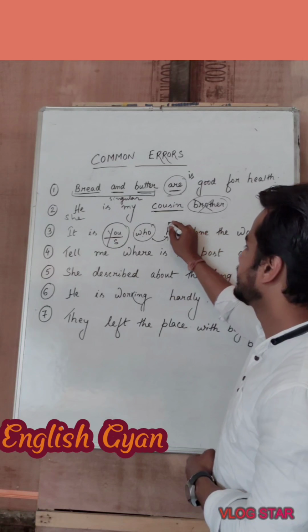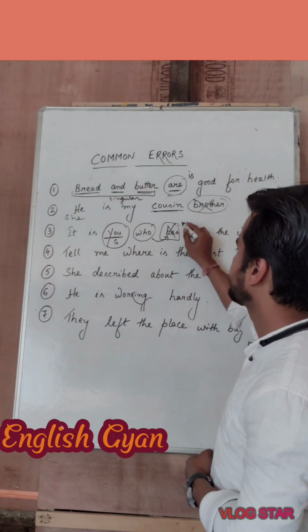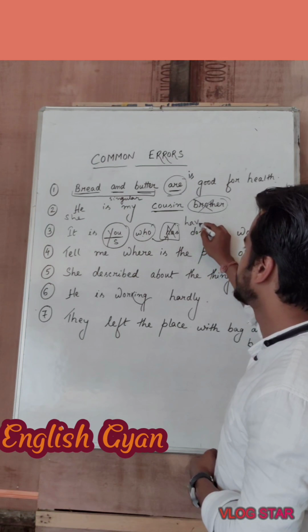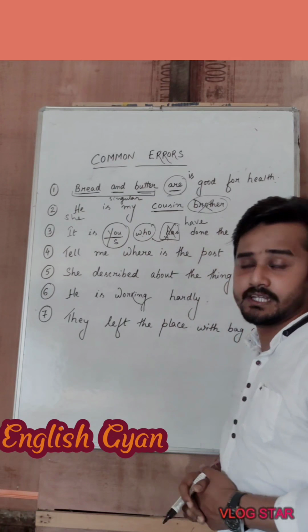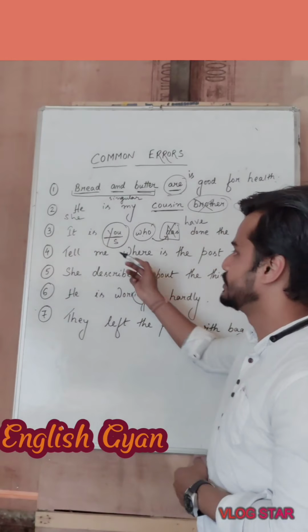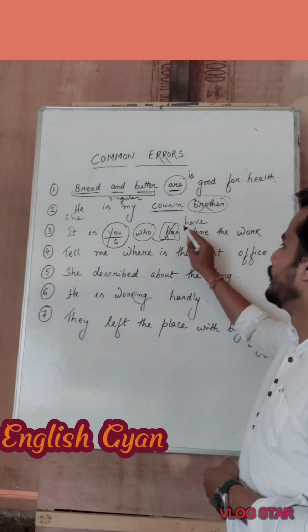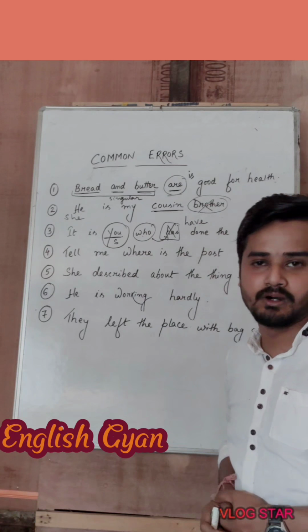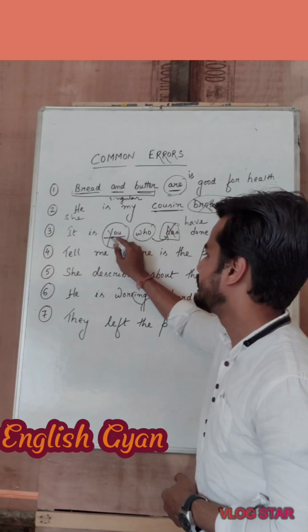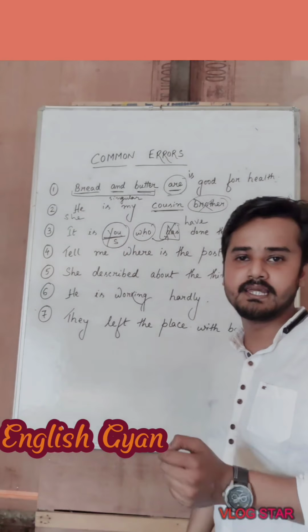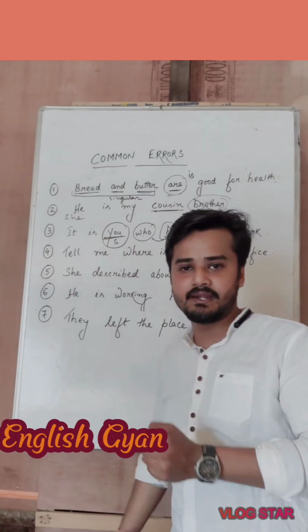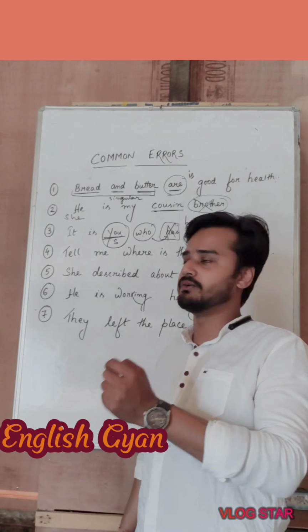So the error in this sentence is that have should be placed in place of has. So it should be: it is you who have done the work, because we always follow the subject while using the auxiliary verb.